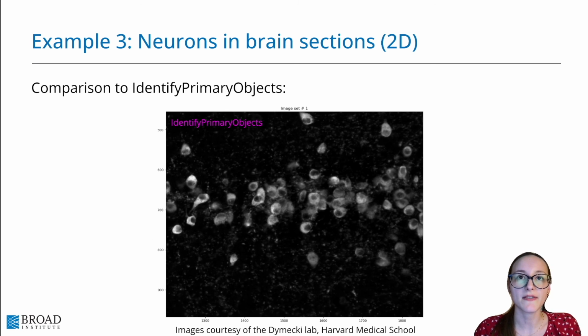Here's a zoomed in field of view within the section. Identify Primary Objects is shown here in magenta. What you can see is it performs well with certain types of cells. Cells that are all by themselves, like this cell and this cell up here, and they're not touching other cells, get detected just fine.